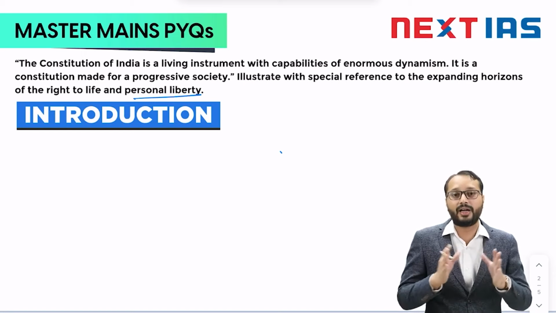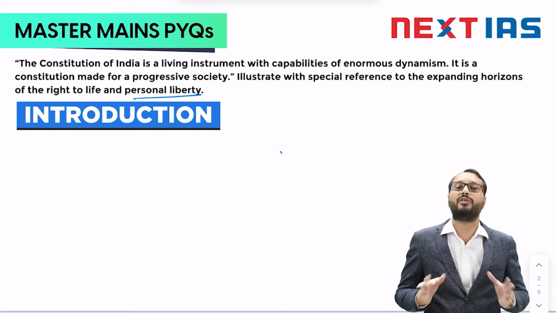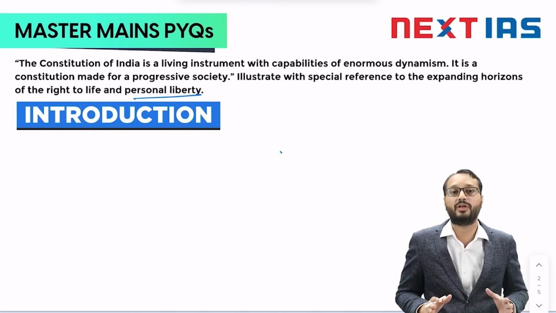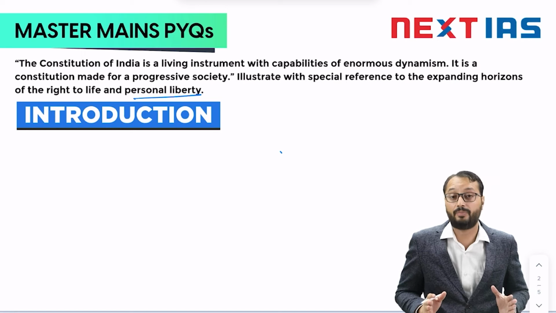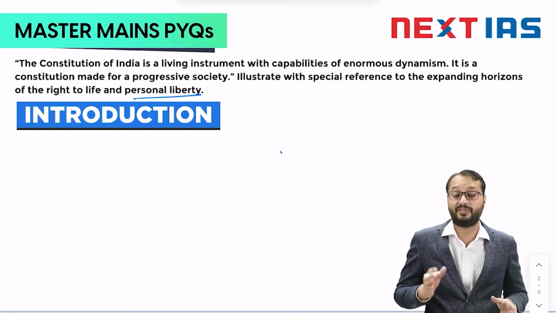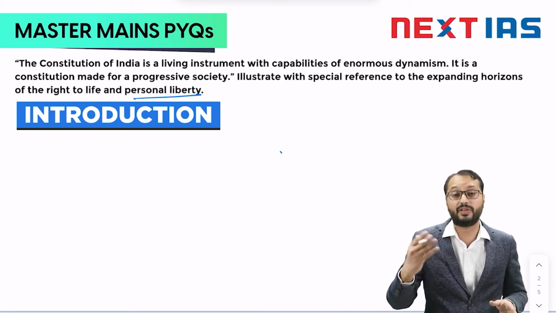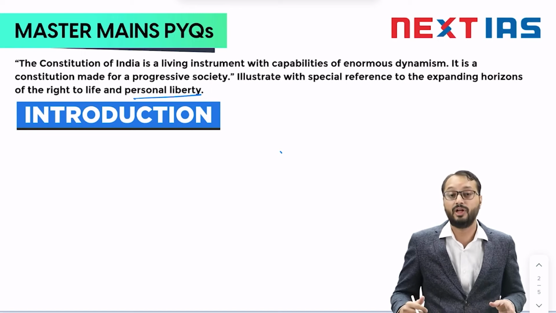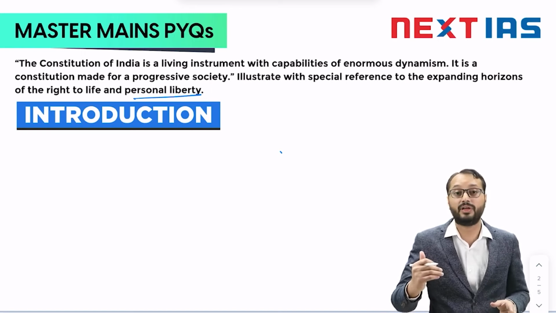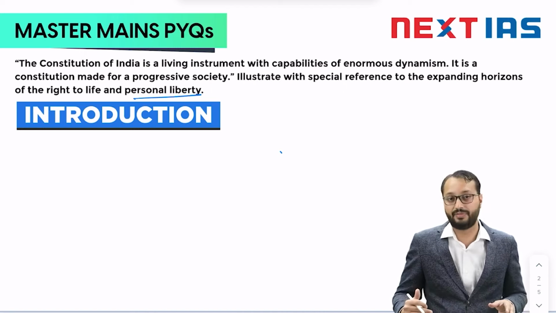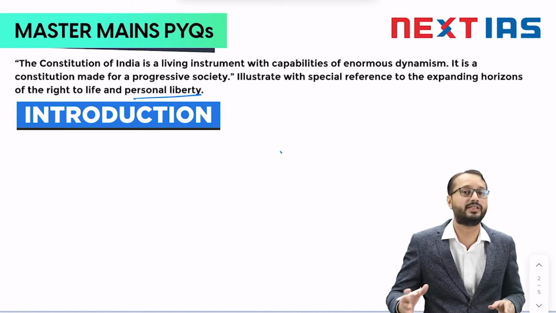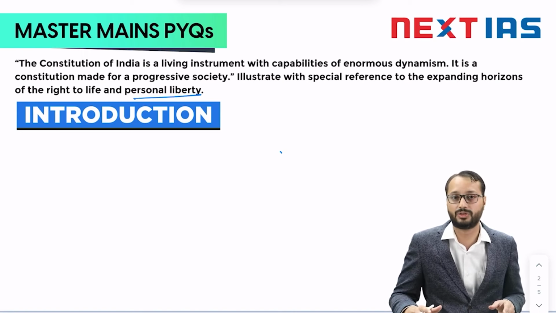If you look at Article 21, it has evolved over the years because of the judiciary's role. Judiciary has played a very proactive role as far as the expansion of the rights under Article 21 is concerned. So today we can say that Article 21 incorporates the entire gamut of rights that we enjoy, right? Bulk of the human rights that you enjoy are located in Article 21 of the Indian Constitution.